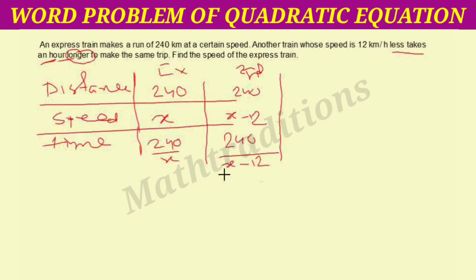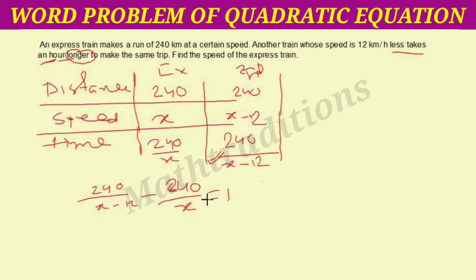Here this one is the greater time, as the speed is less, so it will take the greater time. That means our equation will be 240 by x minus 12 minus 240 by x equal to 1 hour.